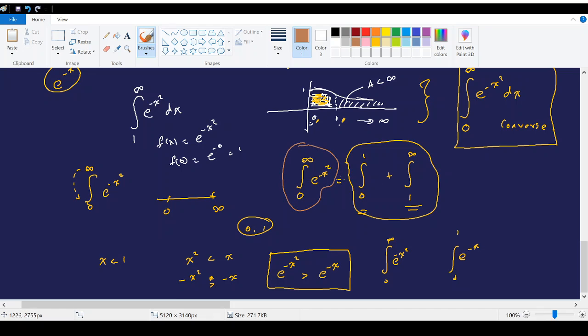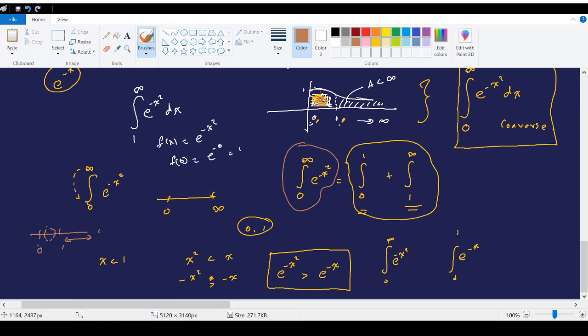That's why we separated it into two regions, from 0 to 1 and 1 to infinity. For the 1 to infinity case, we use the comparison test, and for the 0 to 1 case, we just make use of the fact that you have a finite area by looking at this diagram and taking into account that the function is continuous.